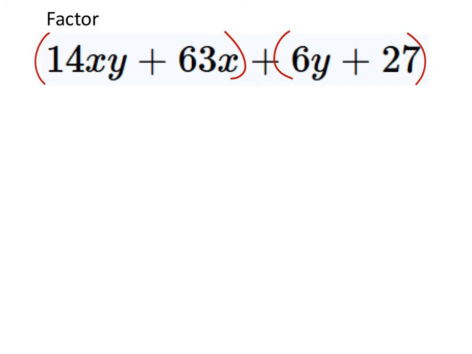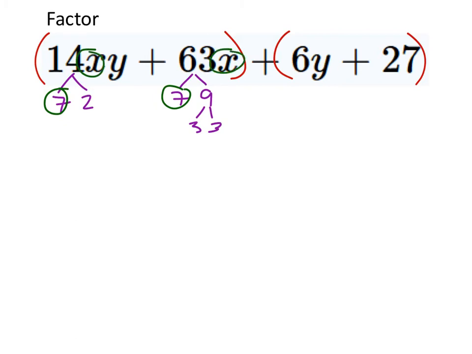14xy plus 63x, right? 14 breaks up into 7 and 2, and 63 breaks up into 7 and 9. And you could break the 9 up into 3 and 3 if you wanted to, but the 3's aren't common with the 7 and 2. What is common is the 7's and the x's, right?